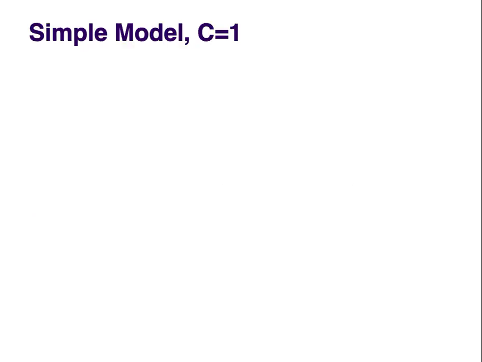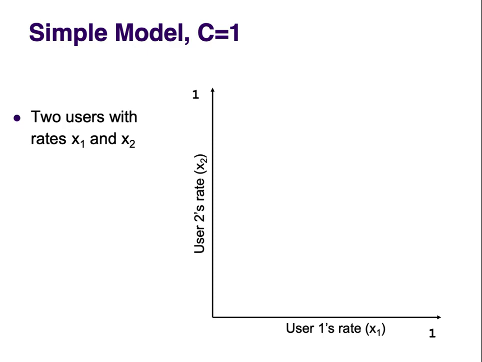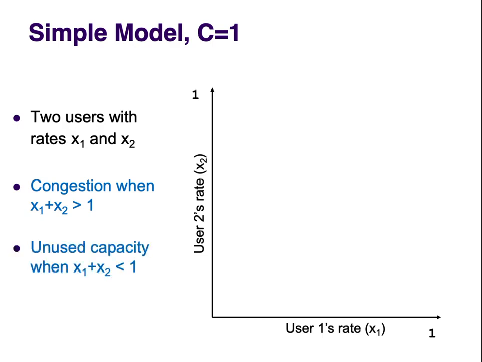So let's look at what this looks graphically, with a simple model where we say capacity is 1. What I'm showing you here is the rate that each user has, so x1 and x2 on the axes, right? And so 2 users with rates x1 and x2, we say that you're congested if x1 plus x2 is greater than 1. Right? So we have unused capacity, or you're underloaded when x1 plus x2 is less than 1.